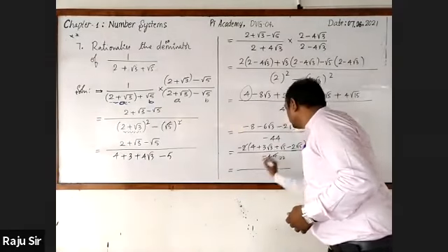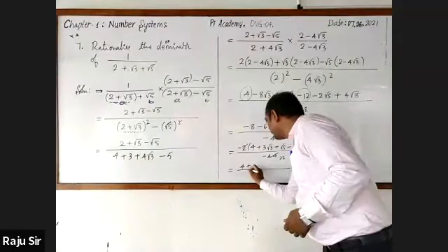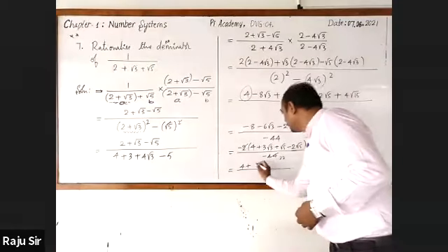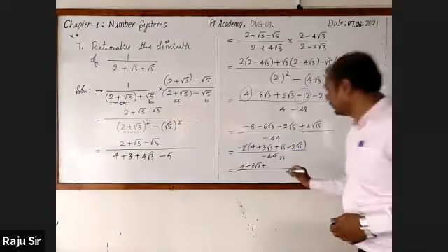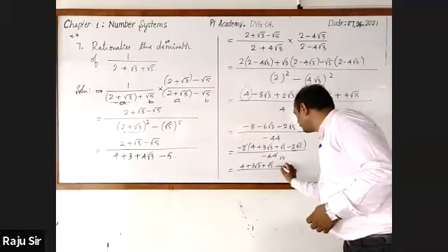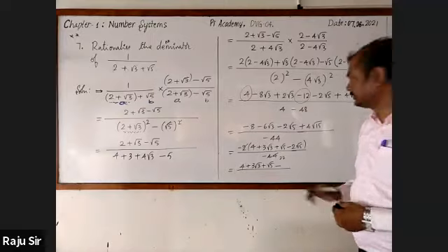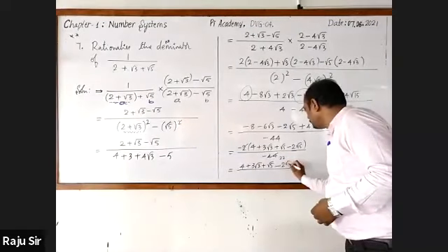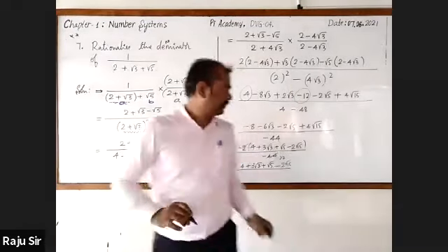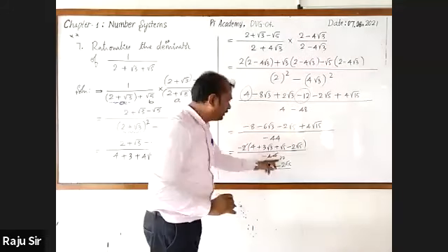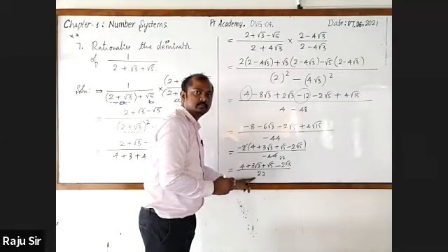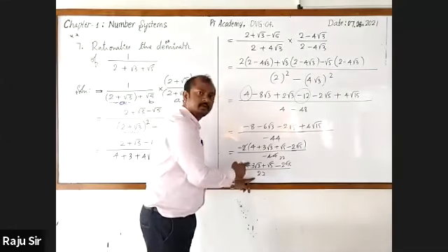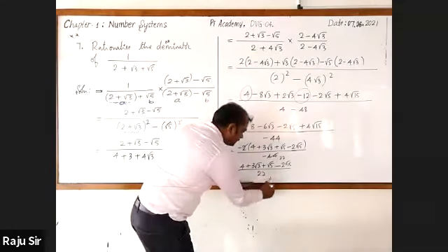This is equal to numerator 4 plus 3 into root 3 plus root 5 minus 2 into root 15, divided by 22. Now observe the denominator.